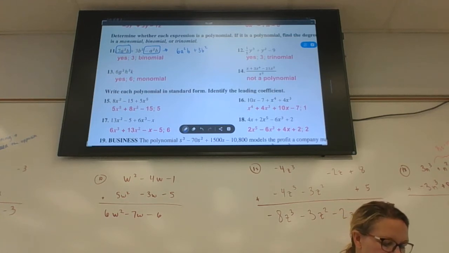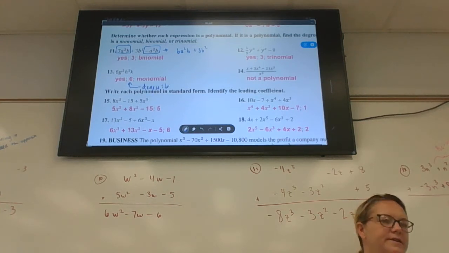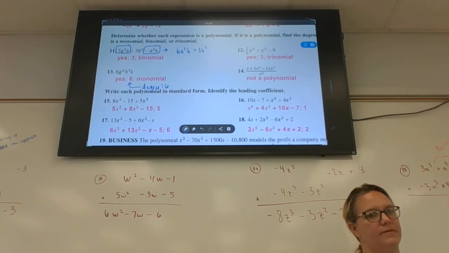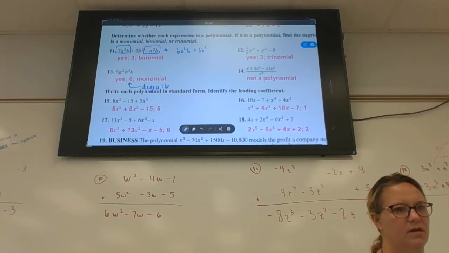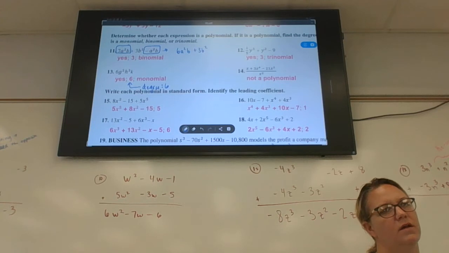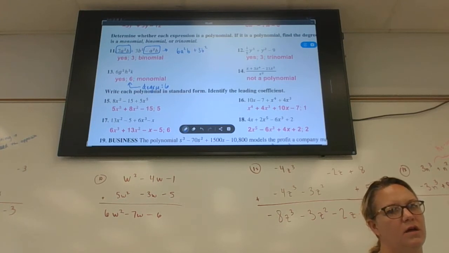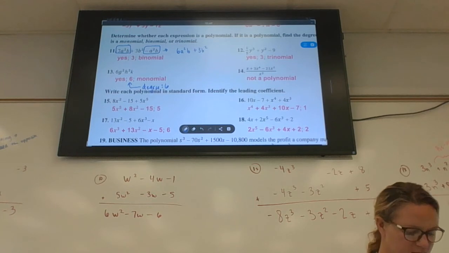How about the degree in 13 being 6? Ruben, do you understand that? The degree is 6. Why? Abby M. Why is the degree 6 in number 13?